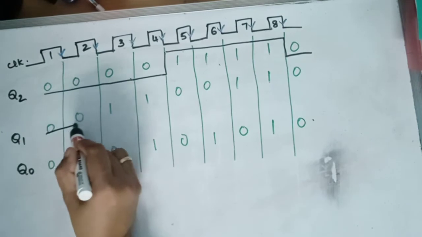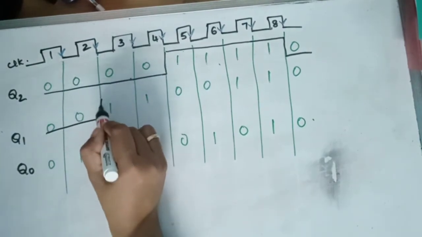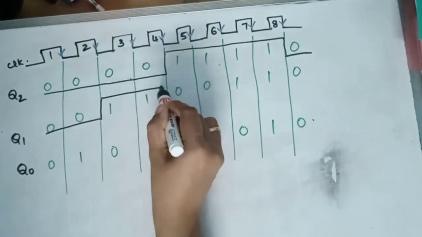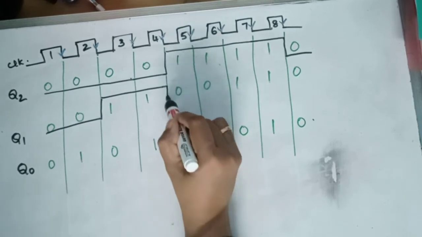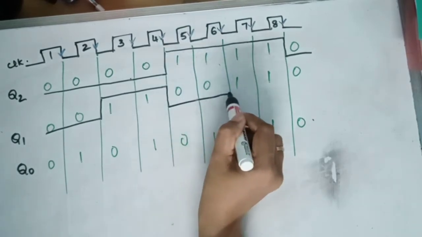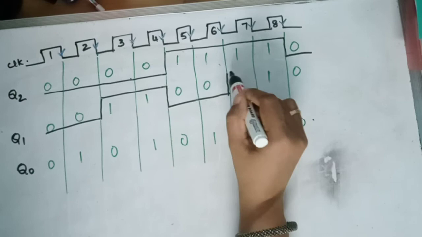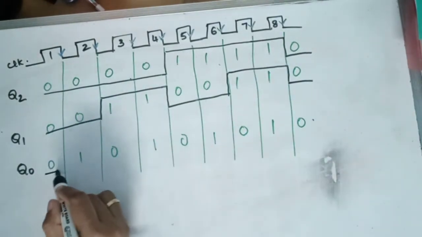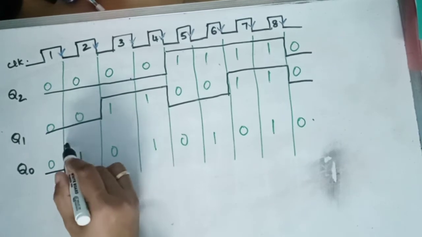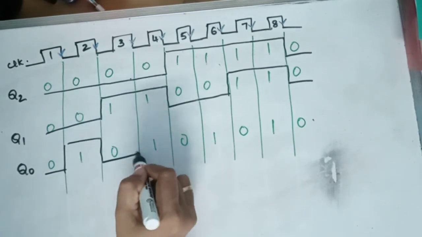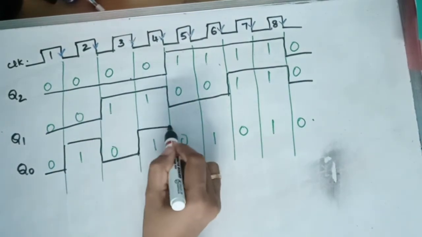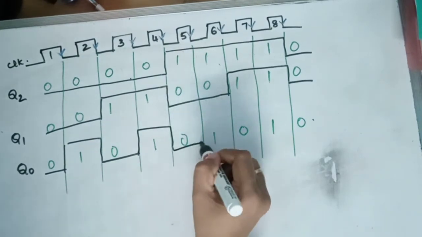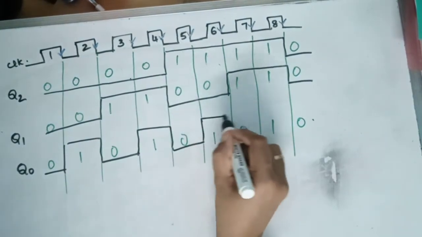Zeros at low, ones at high. Again low. Here again 1 is happening. Then low, high, low, high, low, high.